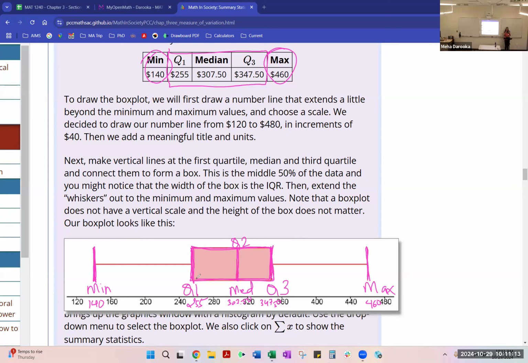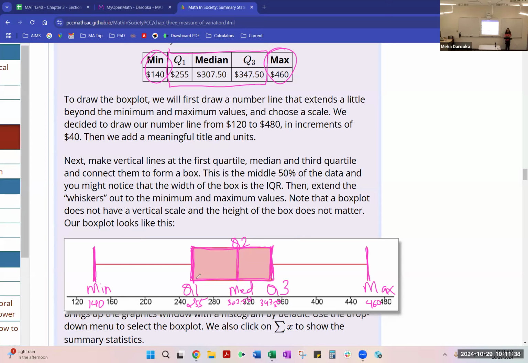And then even within the box itself, you would look at where that median, that line in the center of the box, is. Is it being pulled more to the right? Is it being pulled more to the left? Or is it kind of in the center, which is kind of what I would say. You can see there's a little bit of a pull to the right-hand side, but not a very big, dramatic pull either, right?